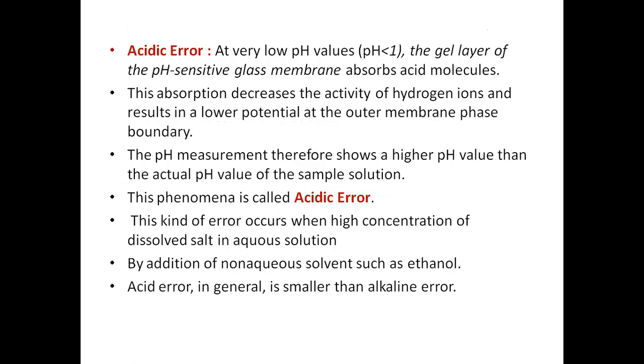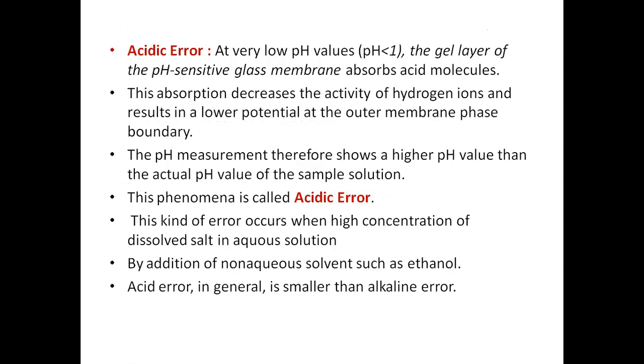Now second is the acidic error. It occurs at a very low pH value, when we take a highly acidic solution as a sample. When we submerge our electrode into the highly acidic solution, our glass membrane absorbs the molecules. Why? Again, exchange of sodium and hydronium ions.